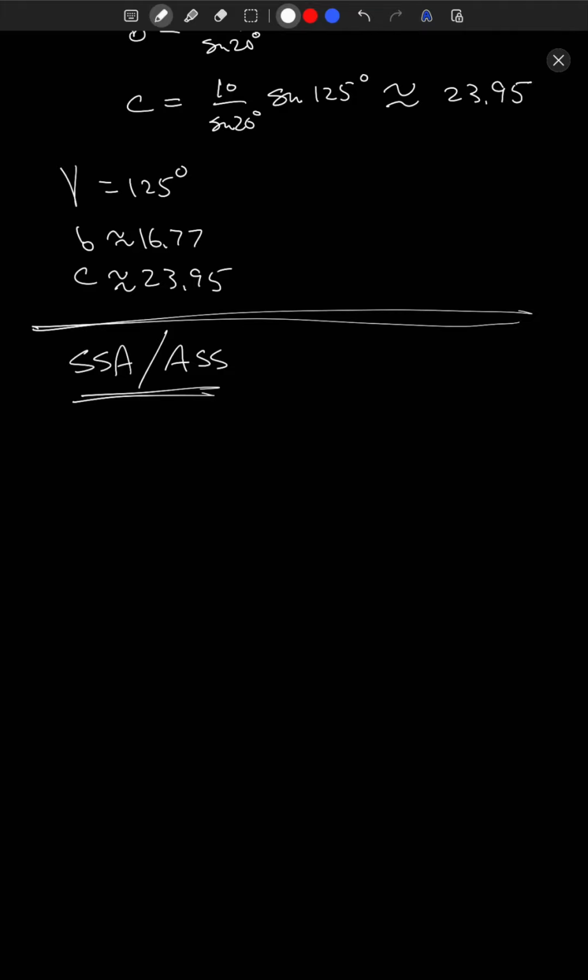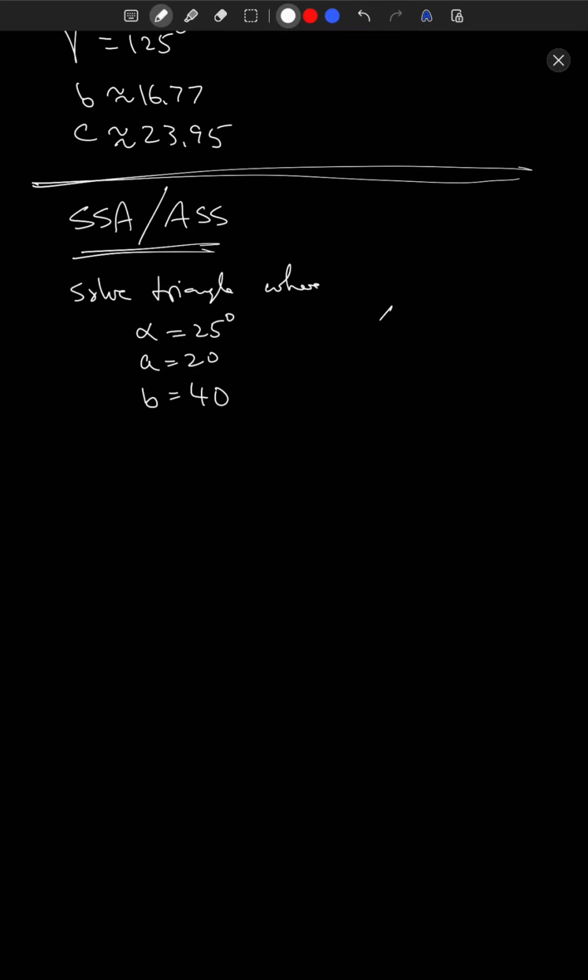Let me do this with an example. So this one is actually going to be the complicated situation, which can have a lot of possibilities. So let's solve a triangle where alpha is 25 degrees, A is equal to 20, and B is equal to 40.